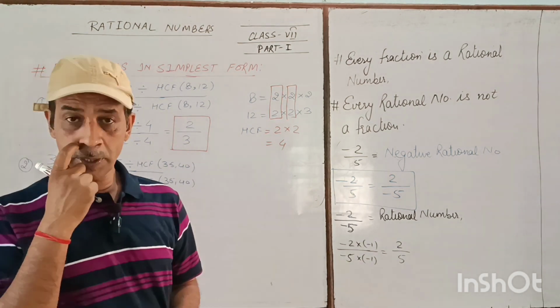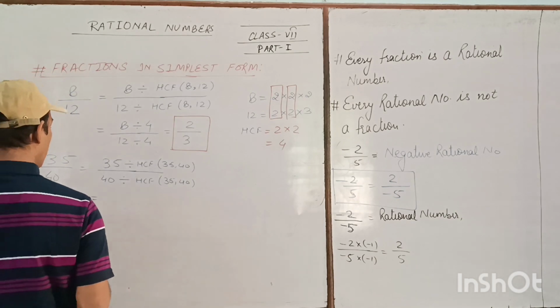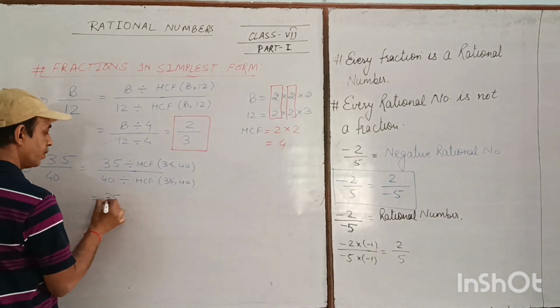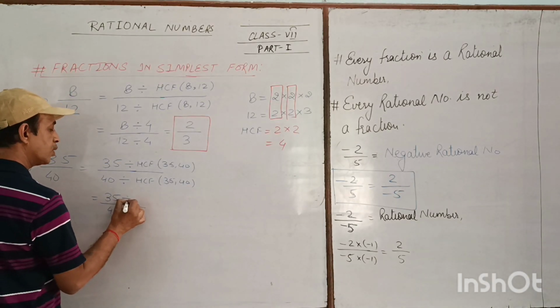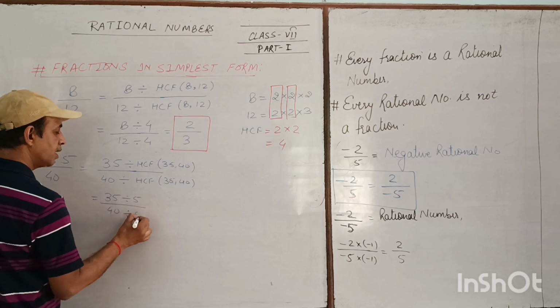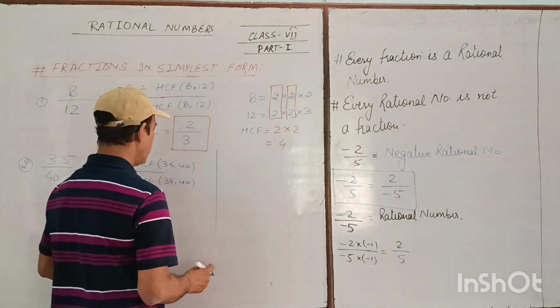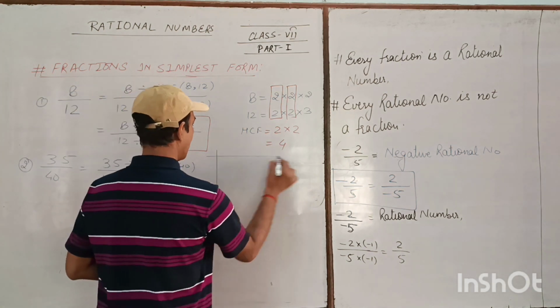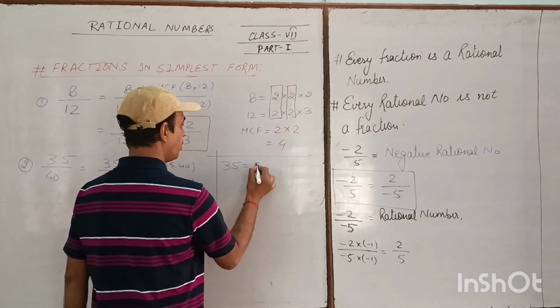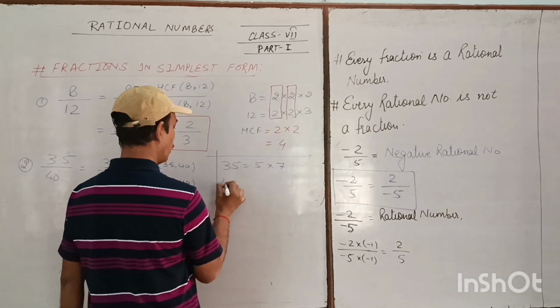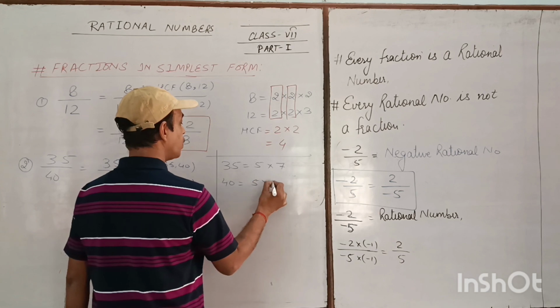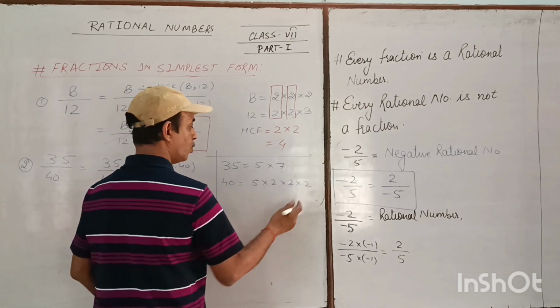What can you say about the HCF of 35 and 40? Yes, tell. This will be 5. If you want me to solve, factors of 35 will be 5 into 7, and factors of 40 will be 5 into 2 into 2 into 2.